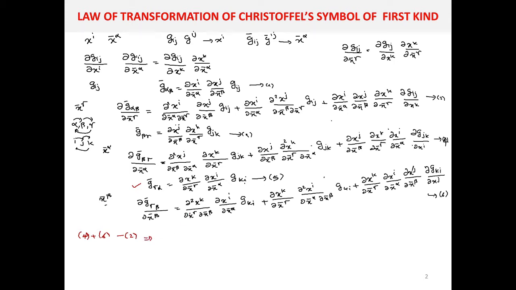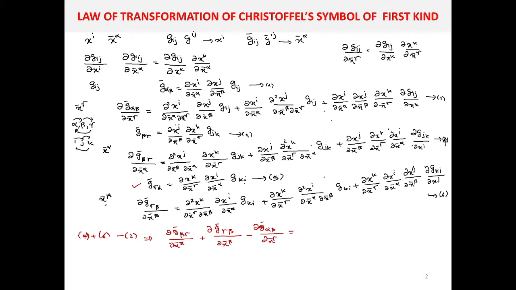So the left hand side of this equation will become dou g bar beta gamma divided by dou x bar alpha plus dou g bar gamma beta divided by dou x bar beta minus dou g bar alpha beta divided by dou x bar gamma, equal to.